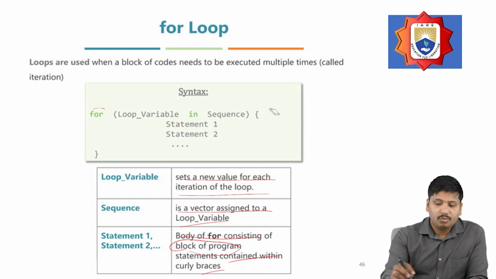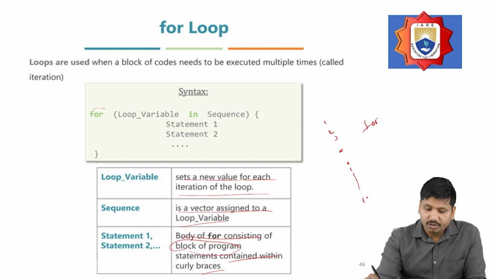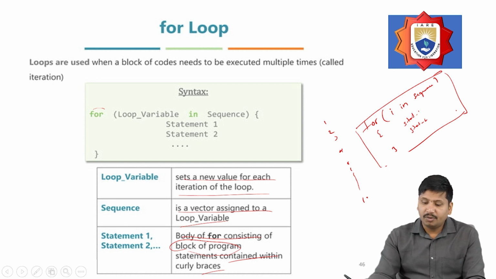So how can I write it? Suppose I want to generate a list of 1 to 10 numbers. How can I write that? For i in sequence, statement 1 and statement 2 within brackets. Like this we create a for loop in R programming.